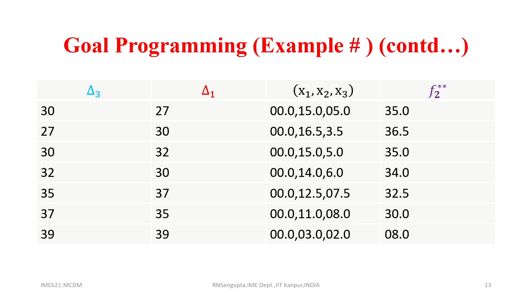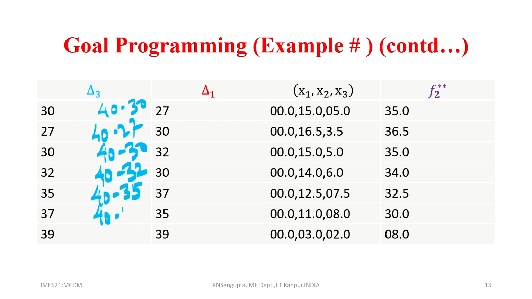So, again these are all 40 minus: 40 minus 30, 40 minus 27, 40 minus 30, 40 minus 37, 40 minus 39.